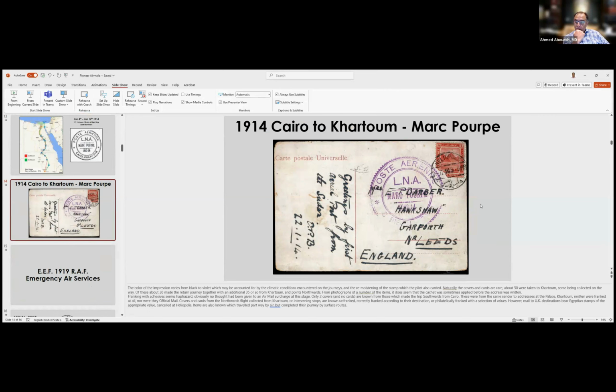I believe there were about 50 postcards altogether, 30 of which made the return journey, and he, I believe, picked up a couple of items from Khartoum going back.